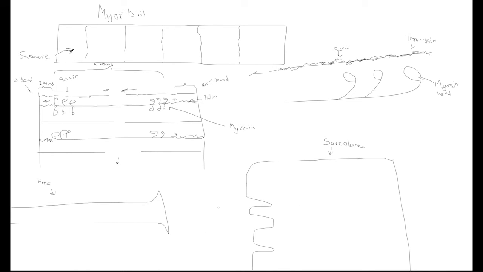And then from a bird's eye view, so if you were looking at it like this was your eye, then it would just look like a bunch of little circles. Okay, a bunch of little circles. And there are going to be these divots, and there are also going to be sodium pumps.